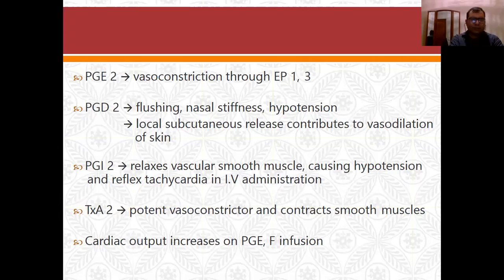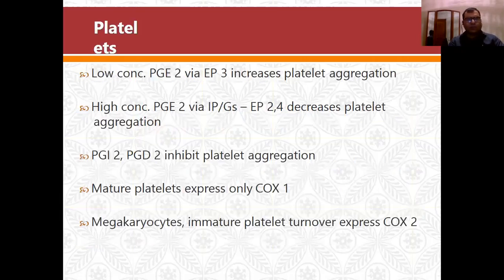Thromboxane A2 is a potent vasoconstrictor and contracts smooth muscles. Cardiac output increases on prostaglandin E2 infusion. Platelets: low concentration of prostaglandin E2 via EP3 increases platelet aggregation. High concentration of prostaglandin E2 via EP2 and EP4 decreases platelet aggregation.